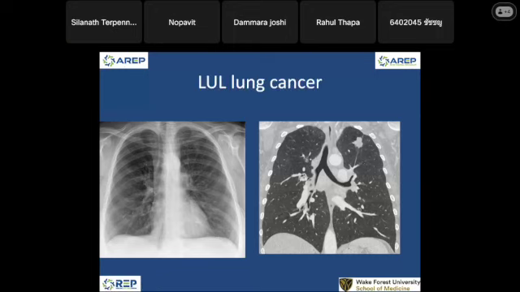This is a left upper lobe adenocarcinoma. For a smoker, if we see something that we are really not sure about, we always ask for CT because we have no idea. It can easily be lung cancer, and we miss a lot on chest radiograph. That's why in the United States we have a lung cancer screening program for smokers.